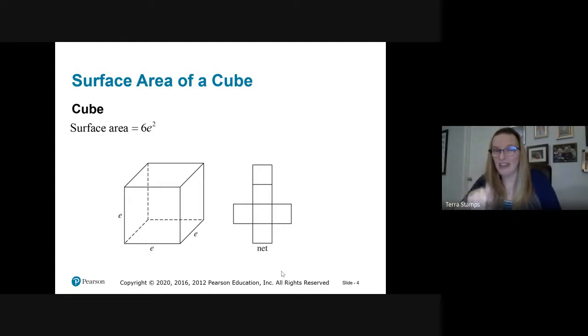Remember we talked about nets back in chapter, what was it, 11 or 12? Those are the unfolding of the shapes. So if you took a cube and unfolded it, you would get that net. That way you can see that there's 1, 2, 3, 4, 5, 6 squares that make up the shape.